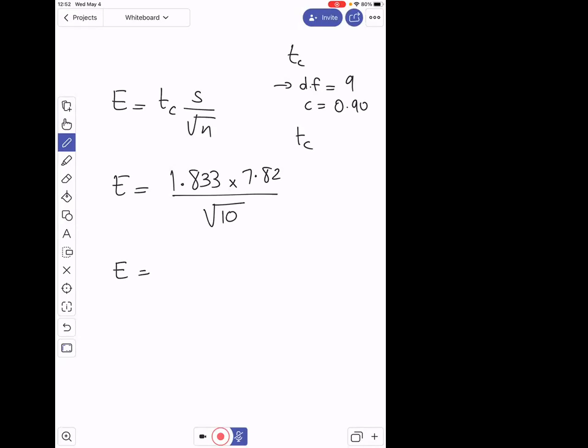So you go to the top, it's 14.33. Thank you. And the square root of 10 is actually equal to 3.16.